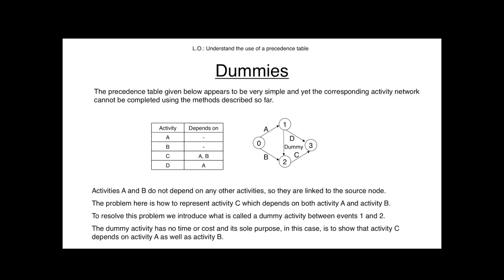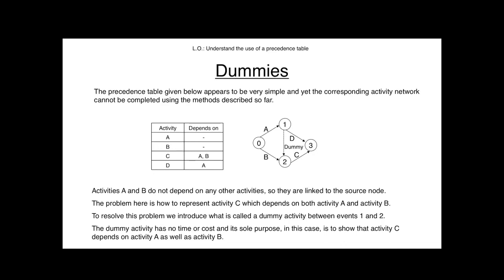You can try, but how do I show that C depends on A and B? How do I do that? Because I've got 2 arrows pointing in different directions, and I cannot have 2 arrows starting from the same node and finishing in the same node. That's not allowed.